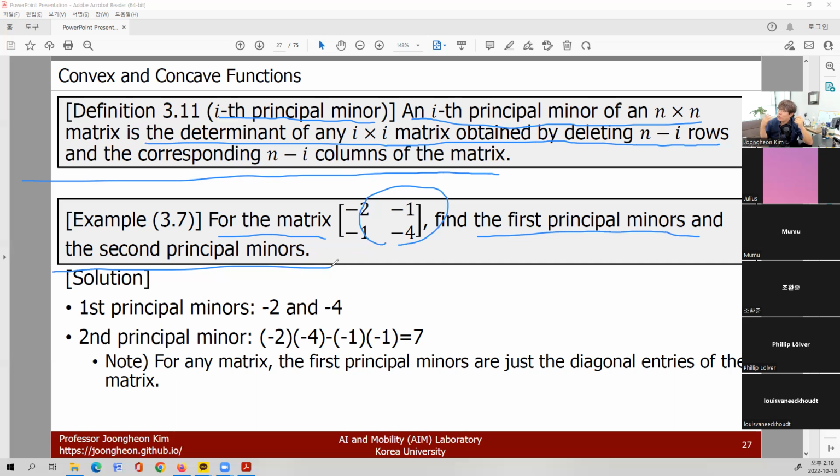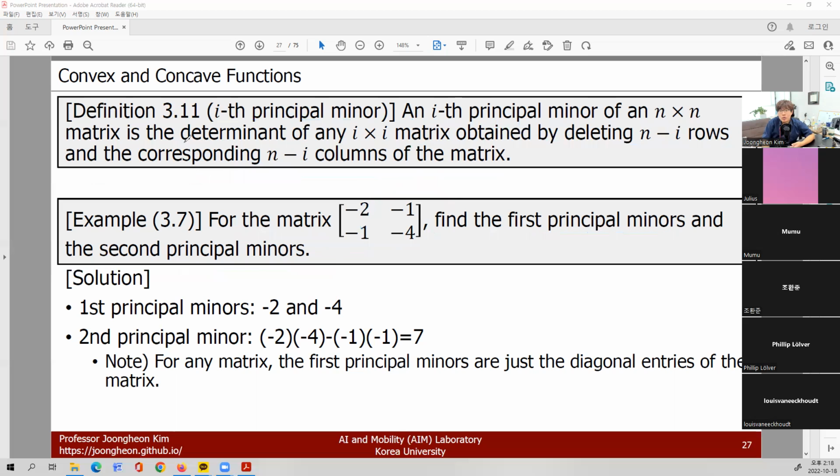When you have a K by K matrix, you can have the first principal minor, second principal minor, and so forth, up to the K-th principal minor. And here, the principal minor is the determinant. So here you have to find the first principal minor.